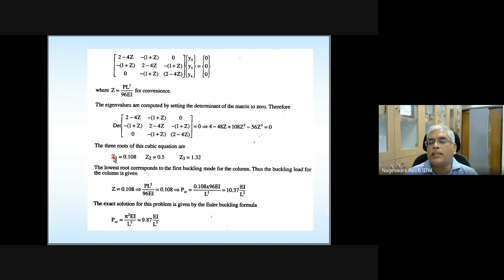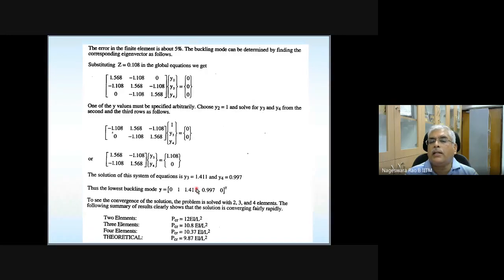So substituting z equal to z1, and taking y2 equal to 1, solve for y3, y4, and then you get the solution: y2 is 1, y3 is this, y4 is this, and y1, y5 are 0.